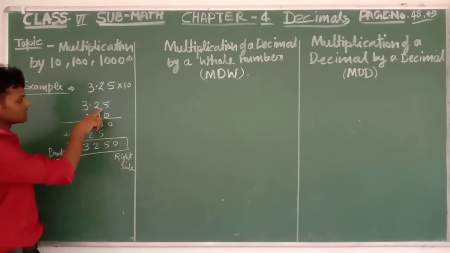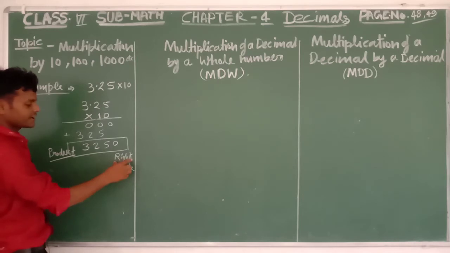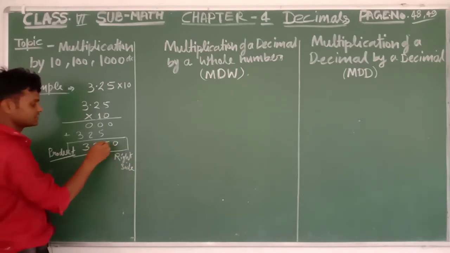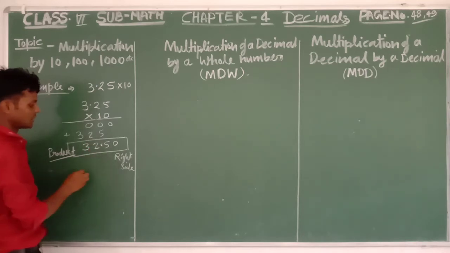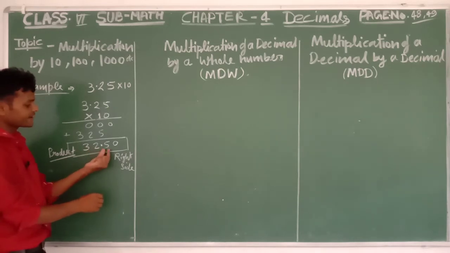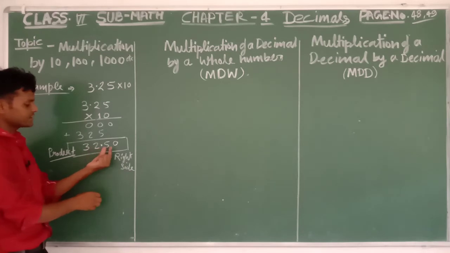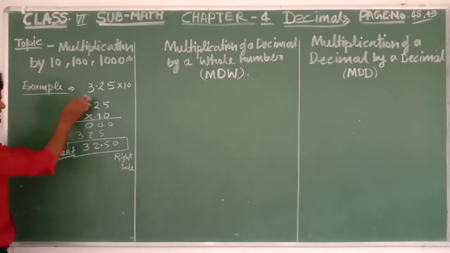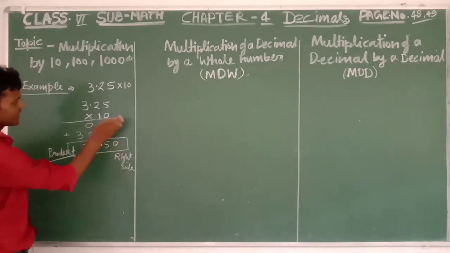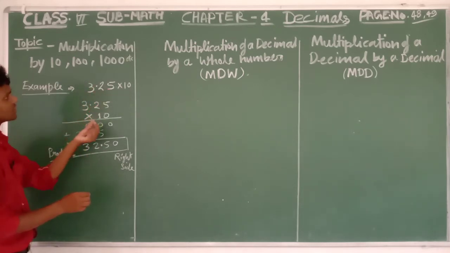First you count the decimal places and put the point in the product from the right side. So 1, 2, put it here. Now you get your product 32.50. You can say 32.5. That is simple.